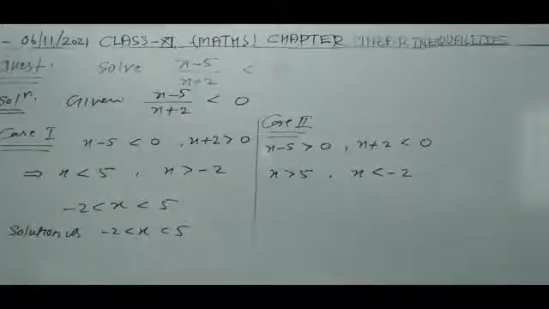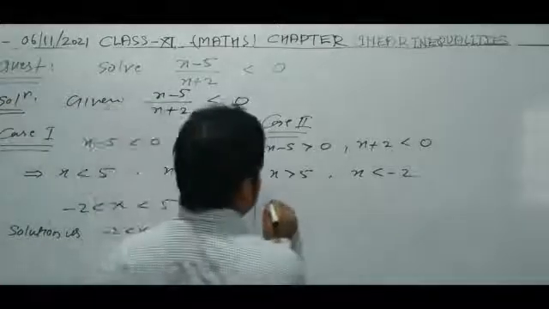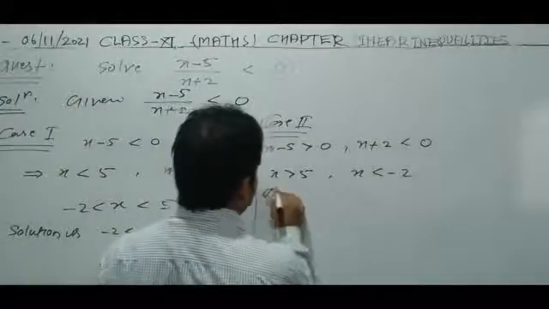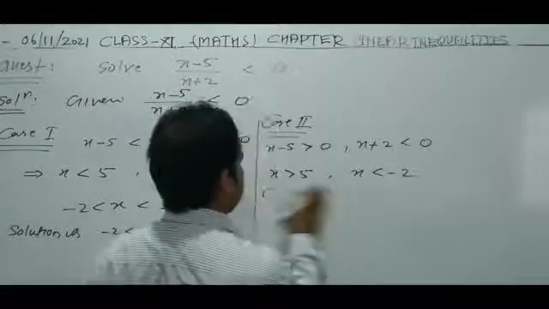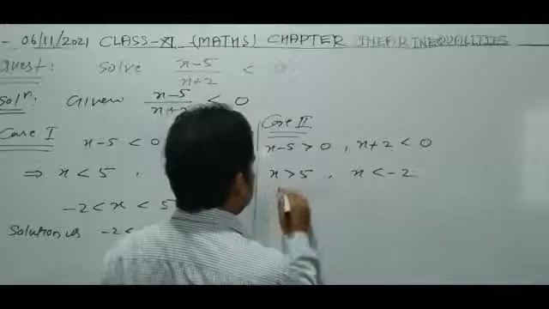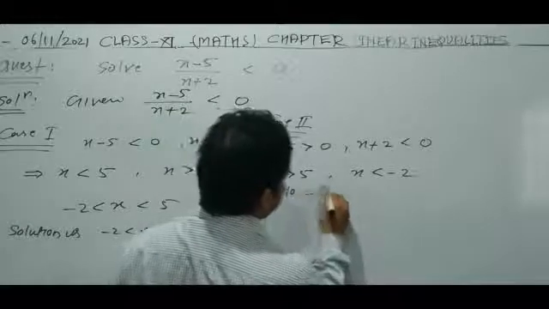So x is more than 5 and x is less than minus 2. Now this is not possible, so this will be rejected. No solution. When you draw the number line, we can say no solution.